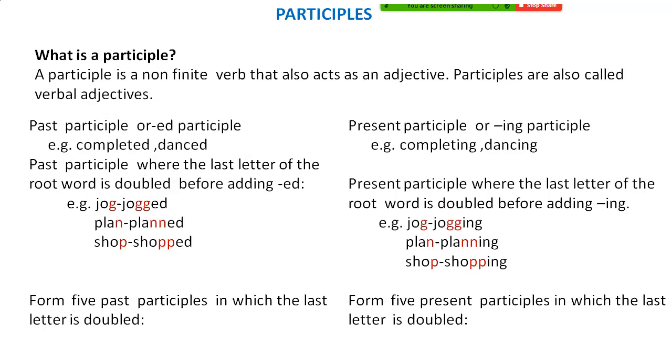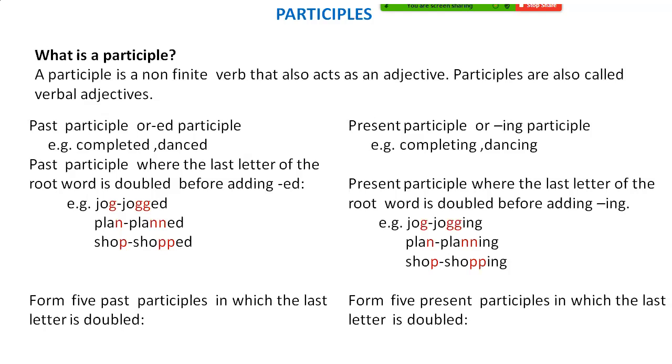That is, they are past participles or ed participles. Now, there are some past participles or ed participles where the last letter of the root word is doubled before adding ed.